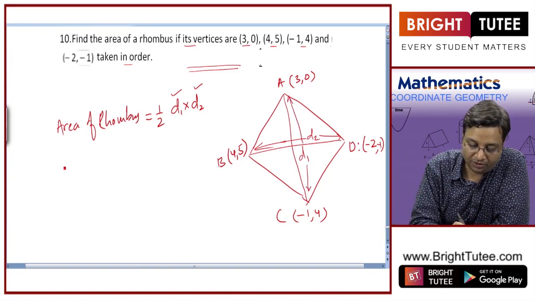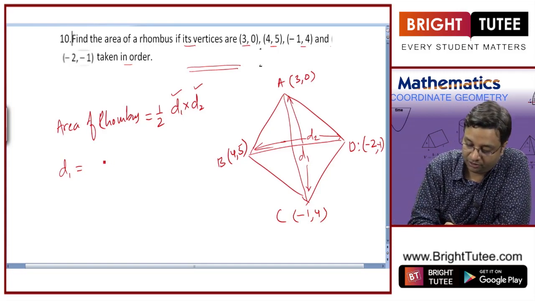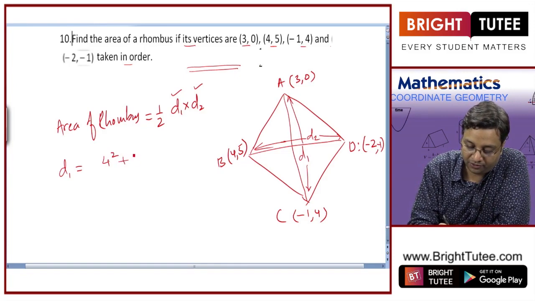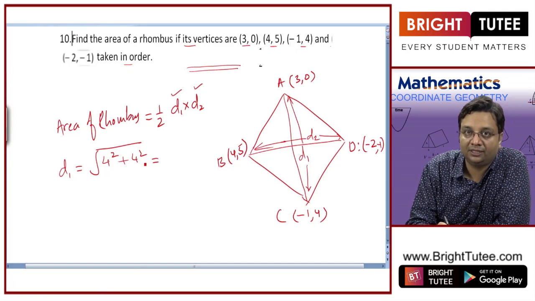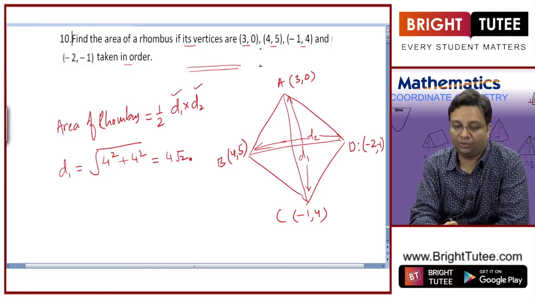So how do I find D1? Just by applying the distance formula. Which is equal to 3 minus minus 1, 4 squared, 0 minus 4 squared. So it will give you 16 plus 16, so 32 is 4 root 2.